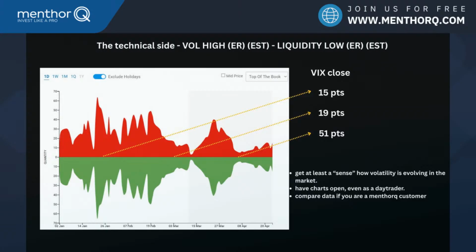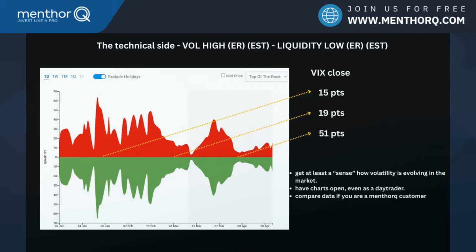Liquidity dries out because people are staying out of the market, okay? And with the chart over here, you can see I have roughly matched different states of liquidity with the VIX, right? On the right side, there's the VIX close, 15%.